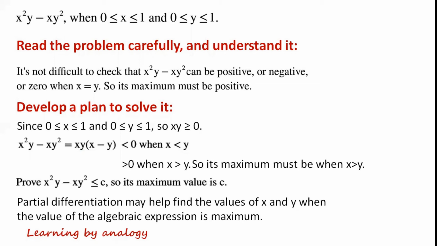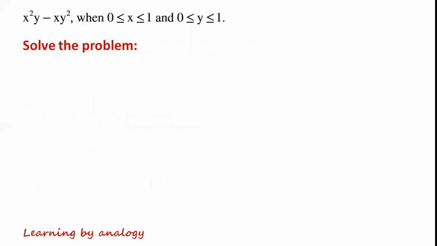Partial differentiation may help find the values of x and y when the value of the algebraic expression is maximum. Let f(x, y) equal x squared y minus xy squared.